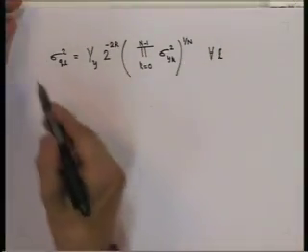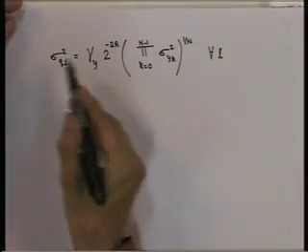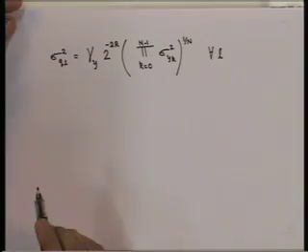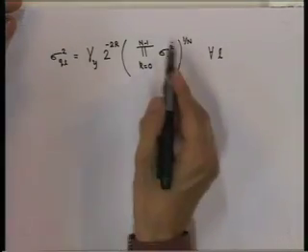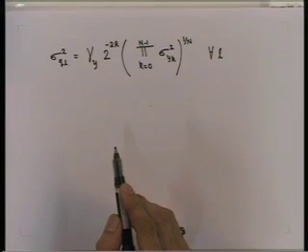Now, what this equation means is that with optimal bit allocation, each coefficient contributes equally to reconstruction error. Now, recall a similar property of the Lloyd-Max quantizer.